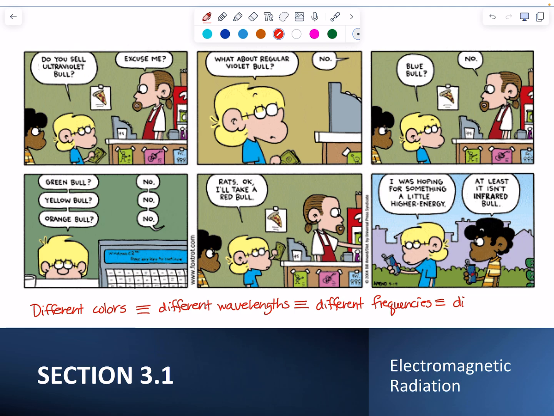And we're going to link that to energies. So does that light carry a lot of energy with it? And energy, again, is the ability to do some type of work. In a physics sense, we call it the ability to do work, right?